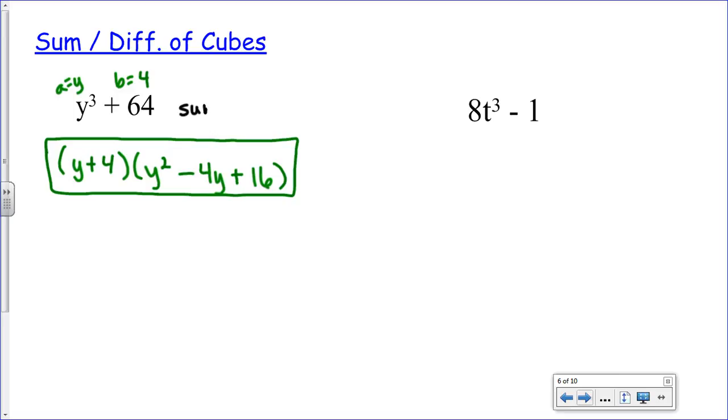I went right. That this was the sum of cubes. Okay, this one will be the difference of cubes.